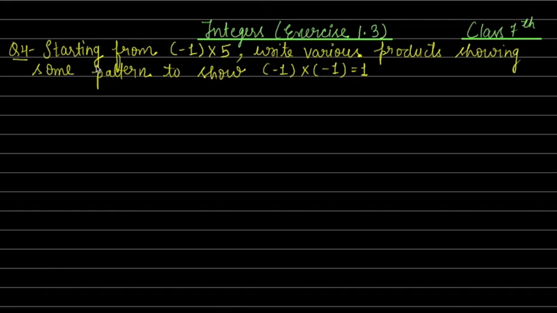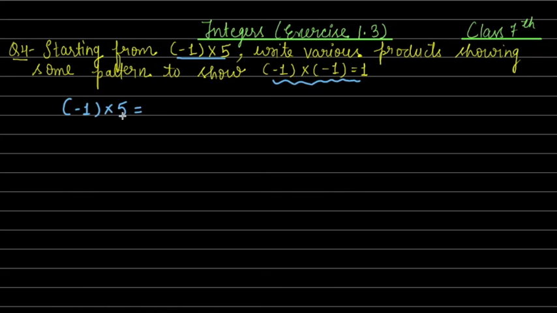Question number 4 is, starting from -1 into 5, write various products showing some pattern to show that -1 into -1 is equals to 1. So basically the idea of this question is, if you start from -1 into 5, -1 into 5 is what? 1 negative, 1 positive.